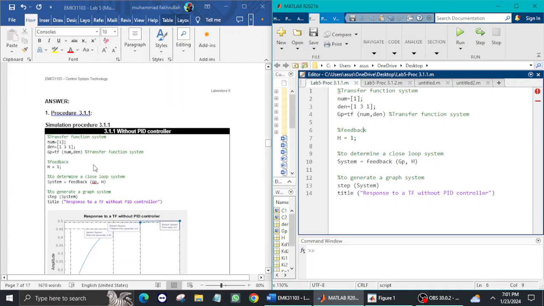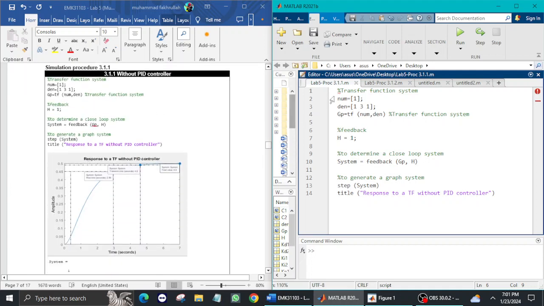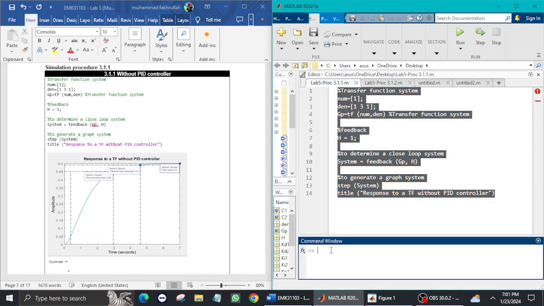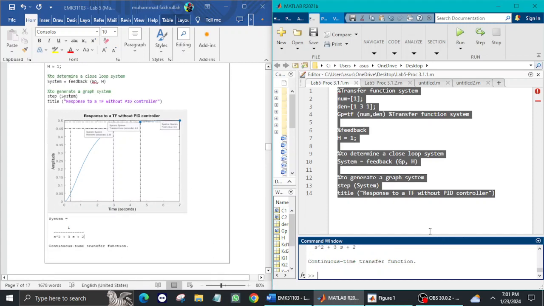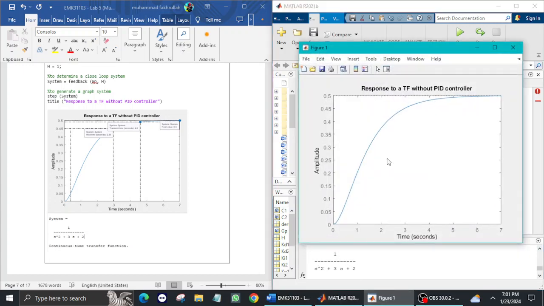Here is my coding, then I will run it. This is my system, 1 over s squared plus 3s plus 2, and the result is this.